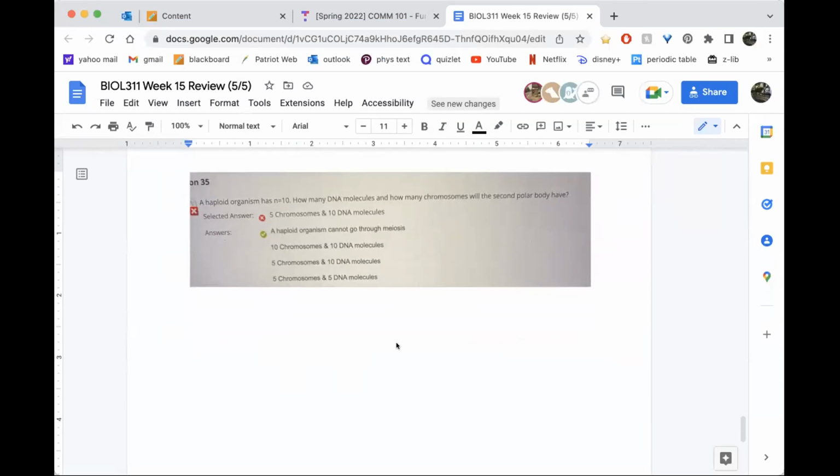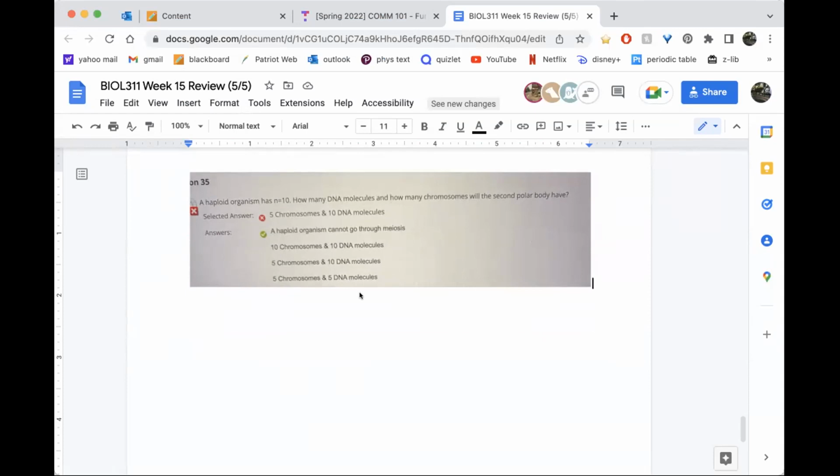All right, so we are told that a haploid organism has n equals 10, so it has 10 chromosomes. How many DNA molecules and how many chromosomes will the second polar body have?